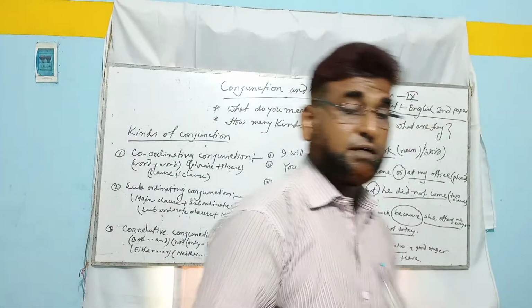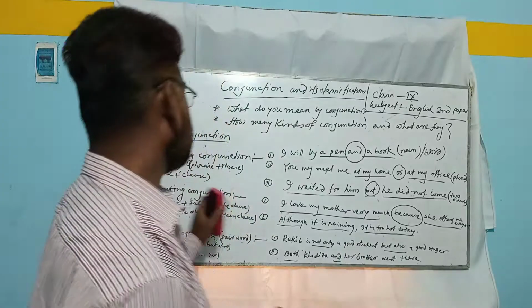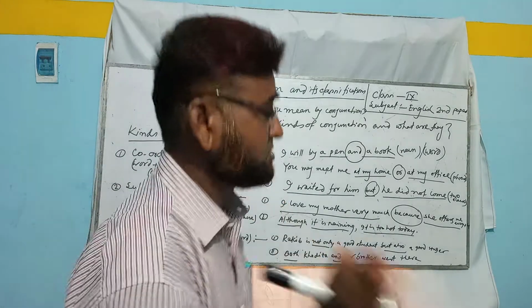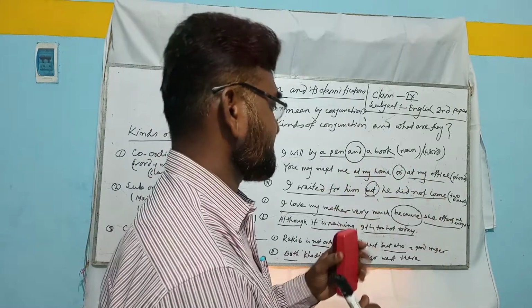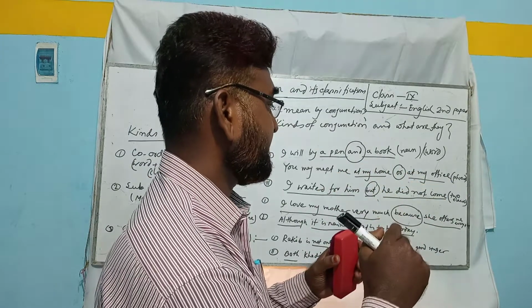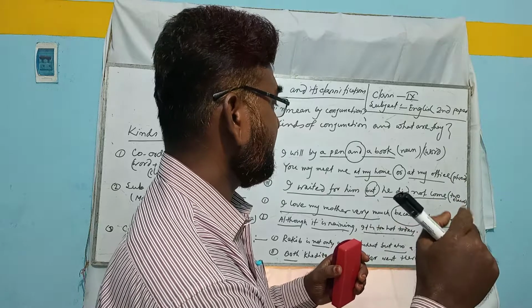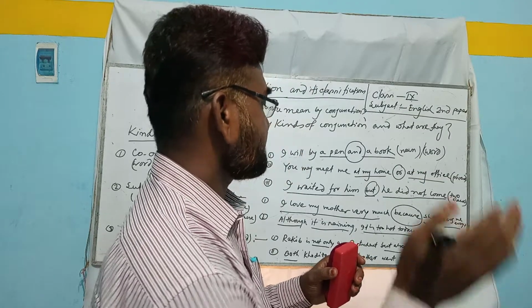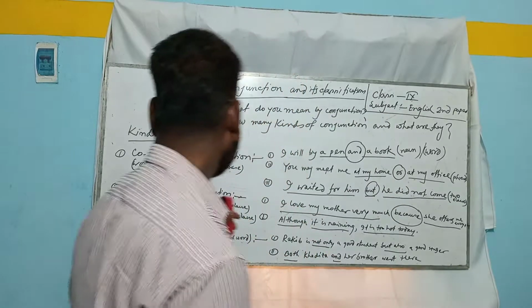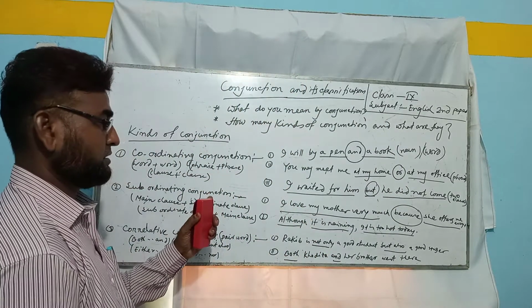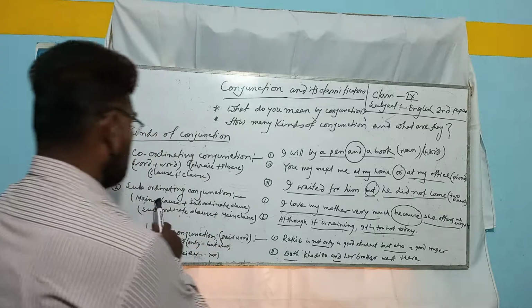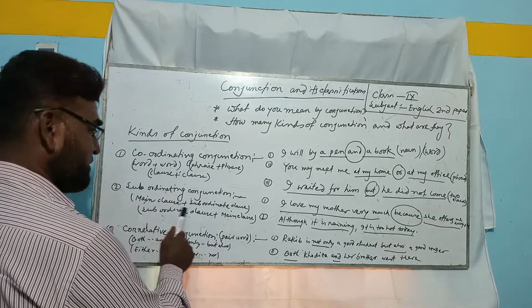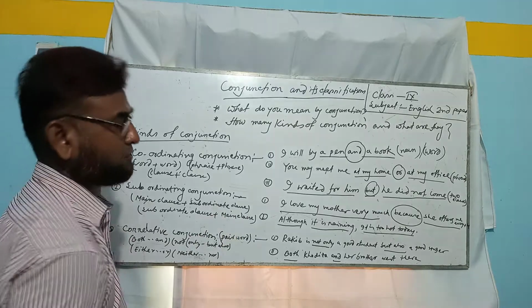Before going to the discussion, we have to know what a subordinating conjunction is. A subordinating conjunction is a conjunction that connects a principal clause and a subordinate clause, one main clause with one subordinate clause.